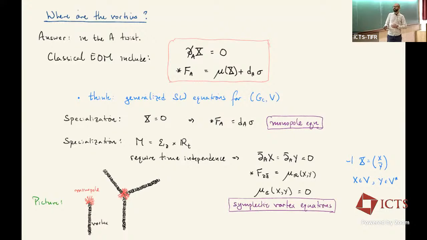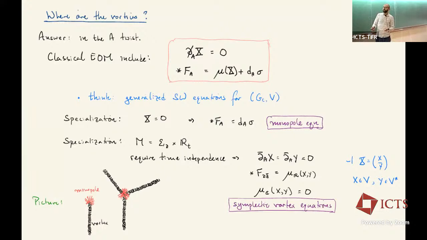And in some limit where the vortices are small and concentrated along lines, the vortices can also change. Basically, I would say they get created and annihilated. And they can be created and annihilated by smooth monopoles, which are the solutions to that equation.